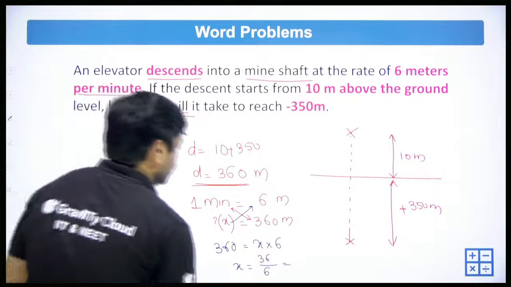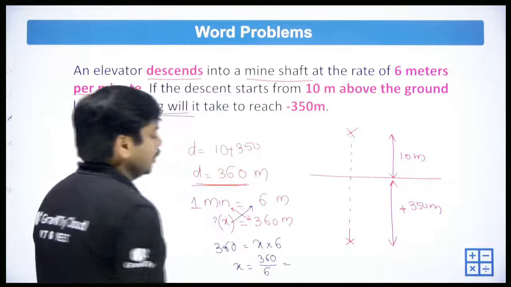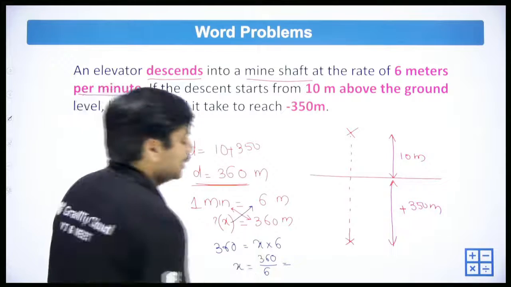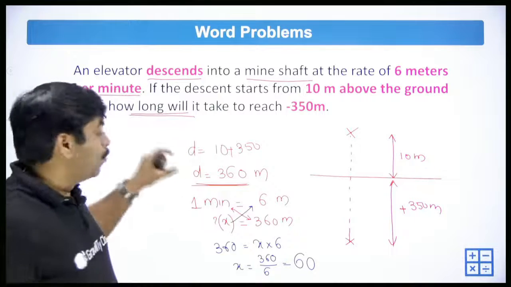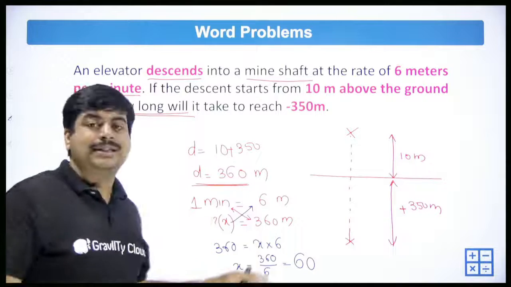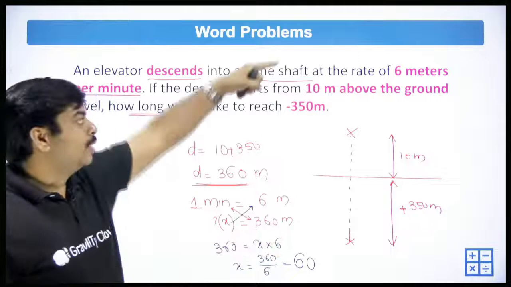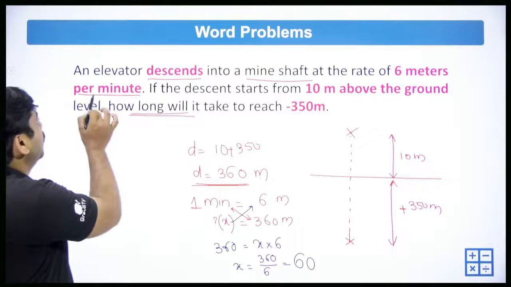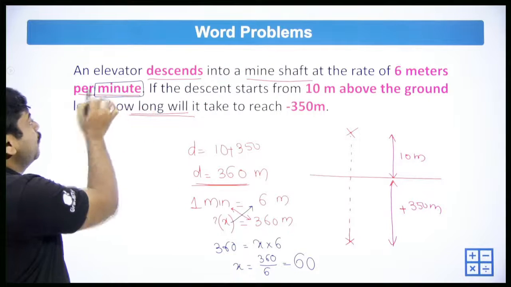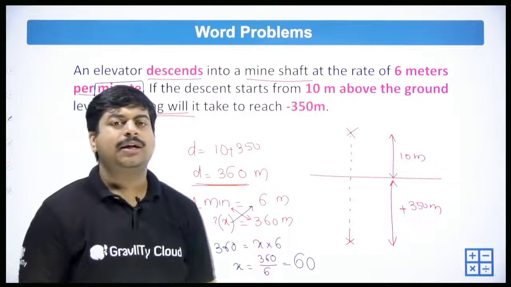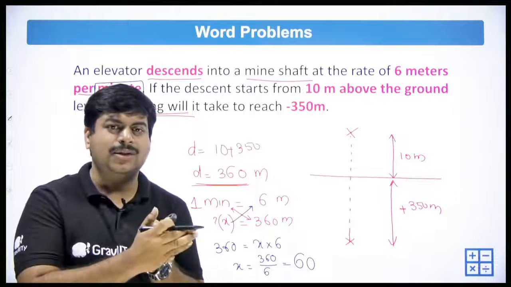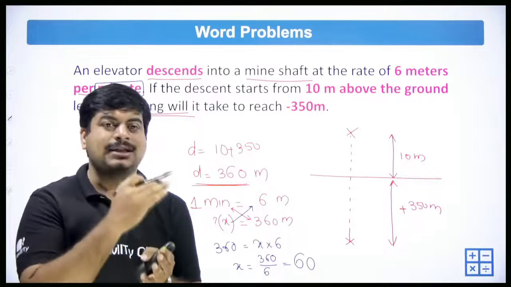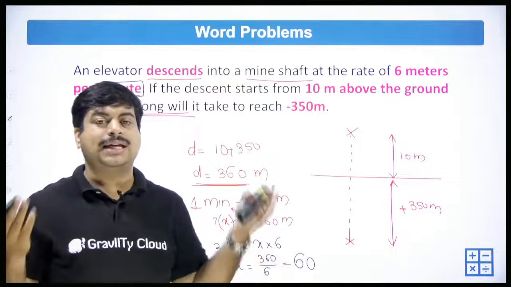So 360 by 6, you know that 6 sixes are 36, so you will get 60. What are the units? Is it 60 seconds or 60 hours? You know that it is 6 meters per minute. The units are very important. When you say 60 without mentioning the units, you don't know whether it is 60 seconds, minutes, hours, days or years.